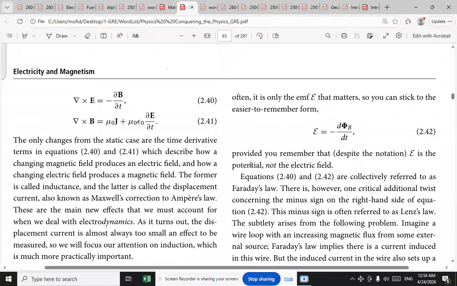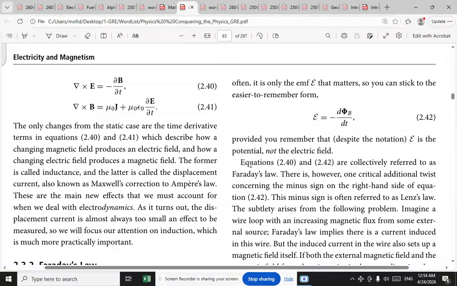The only changes from the static case are the time derivative terms in equations 2.40 and 2.41, which describe how a changing magnetic field produces an electric field and how a changing electric field produces a magnetic field. The former is called induction and the latter is called displacement current, also known as Maxwell's correction to Ampere's law.